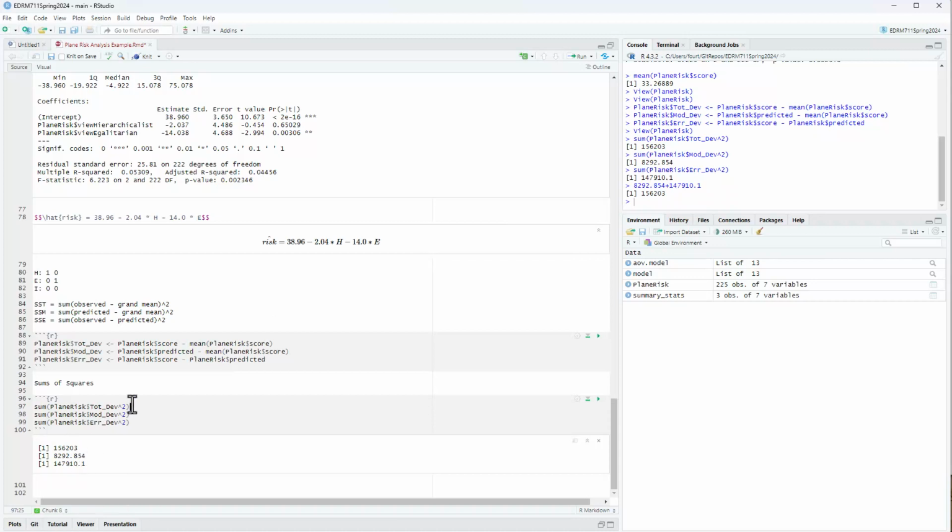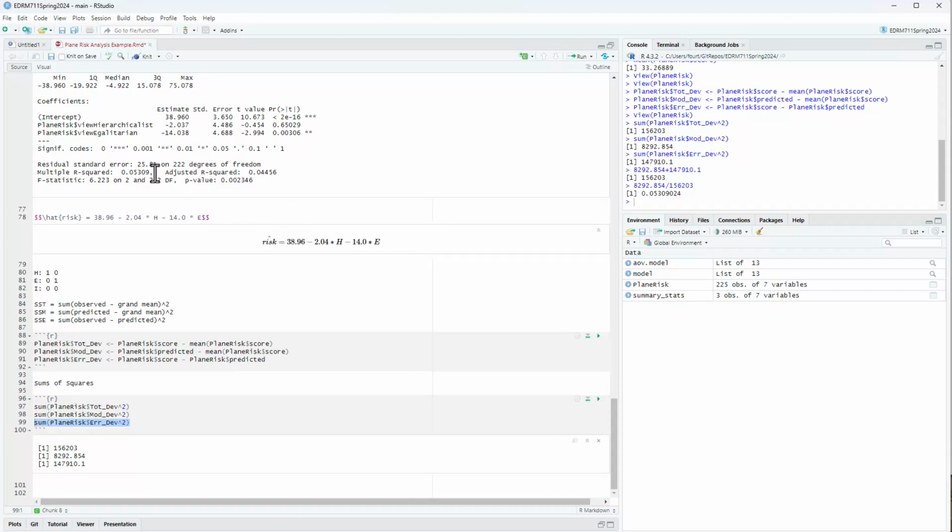In other words, we have decomposed that total deviation into the part that we can explain and the part we can't explain. Let's take a ratio of the part that we can explain, 8292.854, with the total, 156,203, and that's 0.053.